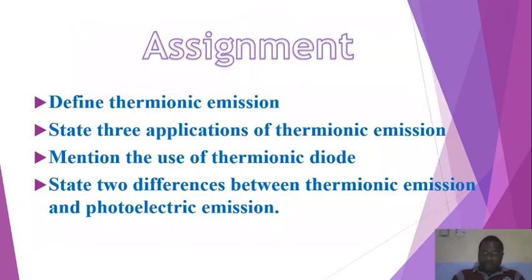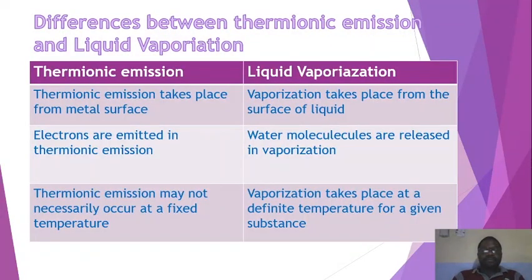So, in summary, we say that thermionic emission is the emission of electrons from the surface of hot metal, or from the surface of metal when heat is applied to it.